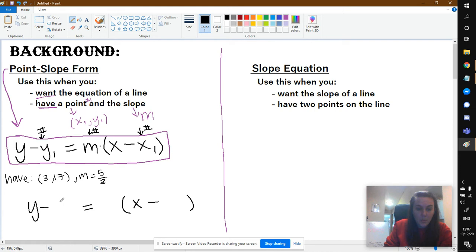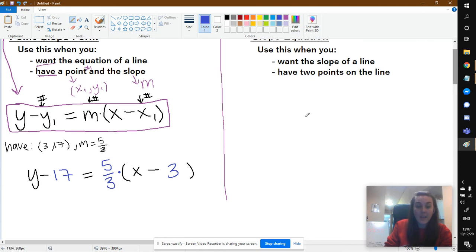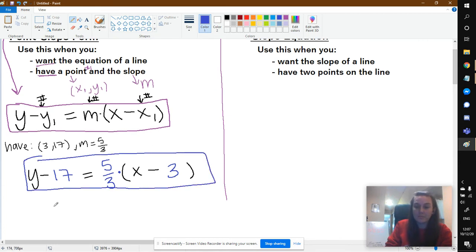The number for y1 we're going to fill in is 17, because this is our y1 of our point that we're given. Our m is 5/3, so we're going to fill in 5/3 here. And then our x1 is 3, which means we're going to put a 3 here. That, I think, is a finished equation in point slope form.